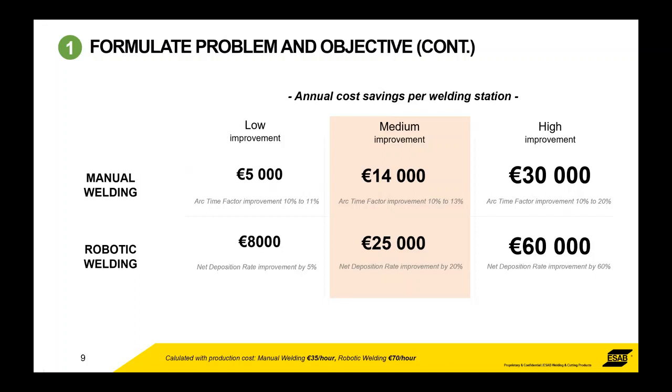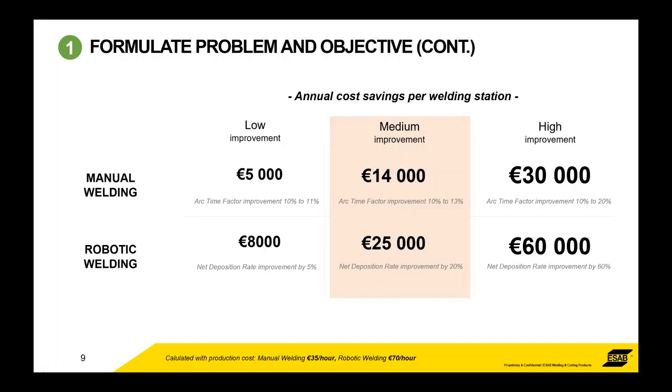We talk about arc time factors, and we talk about net deposition rate. For manual welding, our main focus is often to look at the arc time factor. That is improving how much time you're actually welding, how much productive welding time you actually have. And just improving the arc time factor with a couple of percentage points can lead to quite big annual savings.